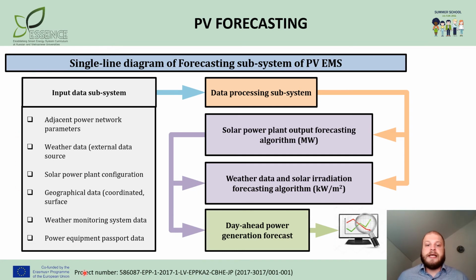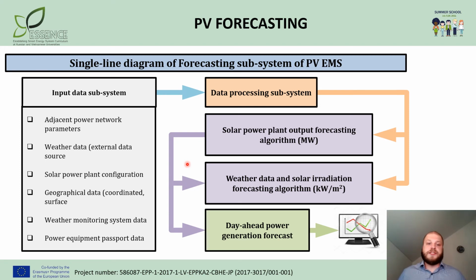All this input data corresponds to different data sources. Adjacent power network parameters are extracted from the dispatch control center. For example, it's the issue of SCADA interconnection, so we get this data from an outer source. Weather data is extracted from the internet based on arrangements and agreements with the weather data providers. Solar power plant configuration is built based on the discrete signals of the primary equipment installed at the PV site.